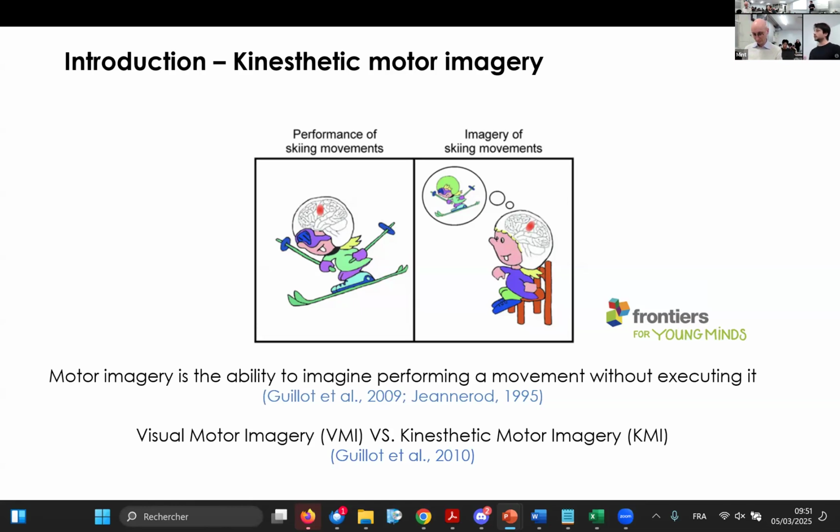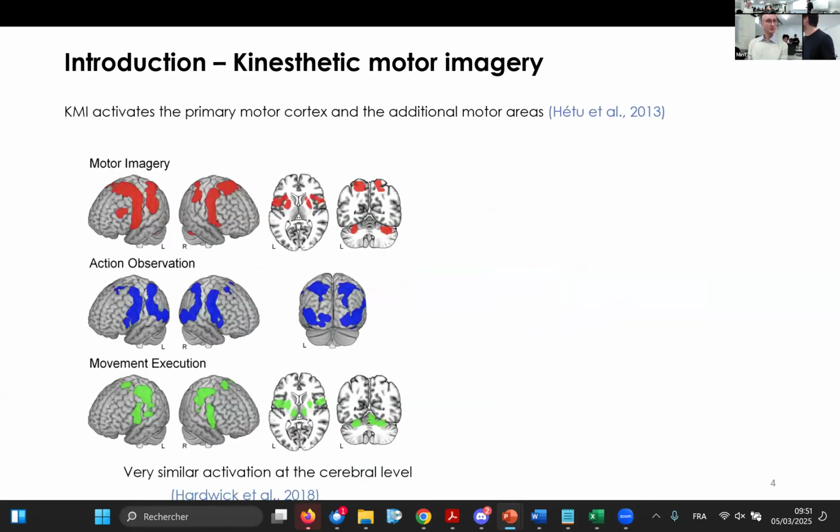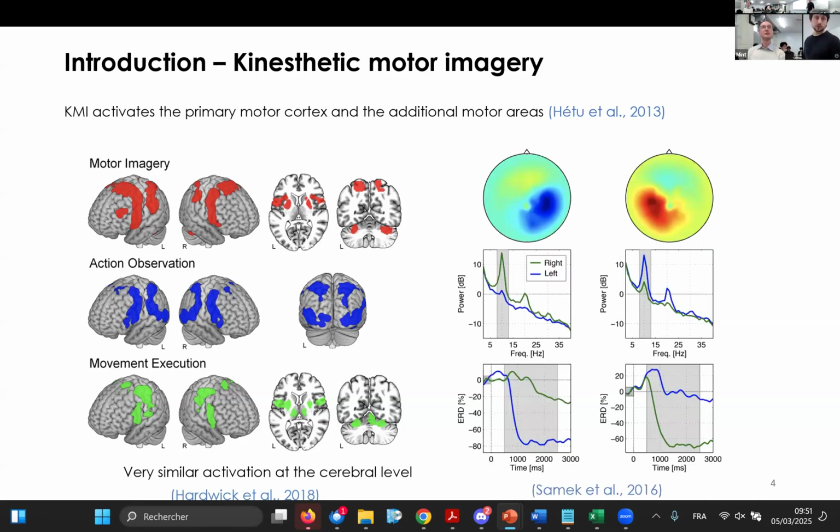It's complex because it consists of recalling feeling and haptic sensation felt during the real movement, but without executing it. Why is it very interesting for BCI? Because it activates the primary motor cortex and additional motor areas in the same way as during a real movement. Basically, during the kinesthetic motor imagery of the right hand, for example, you will have a contralateral activation of the motor cortex at the cerebral level.